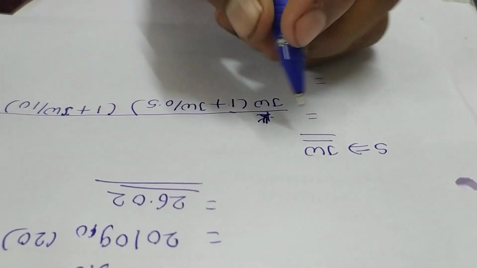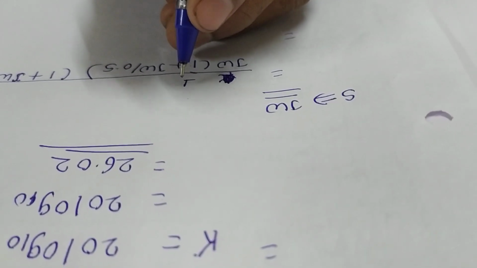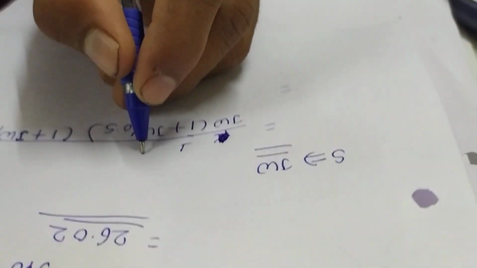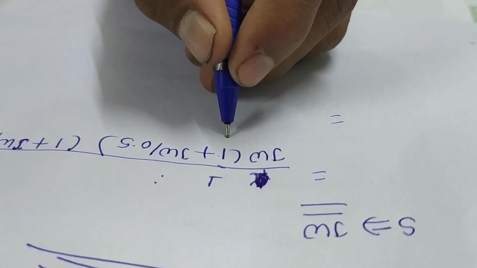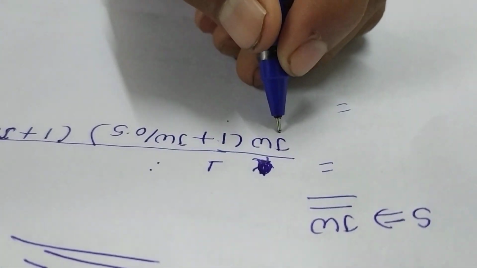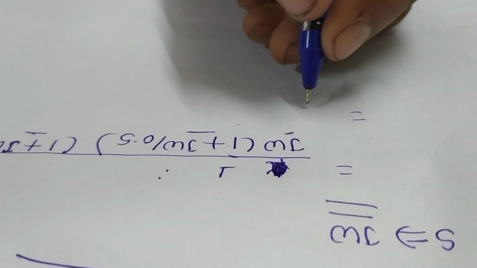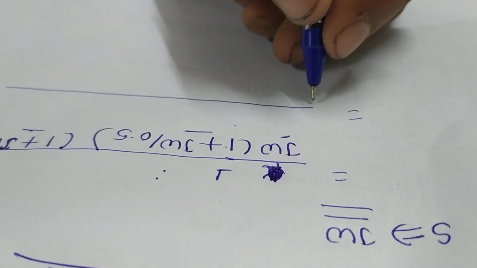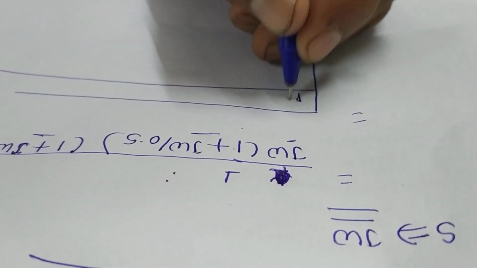See, in this equation, how many zeros do we have? The zeros are present in the numerator and the poles are present in the denominator. How many poles are present? 1, 2 and 3. So first of all, make the table. This is my poles.